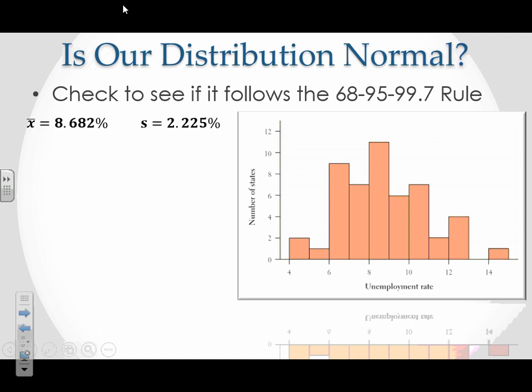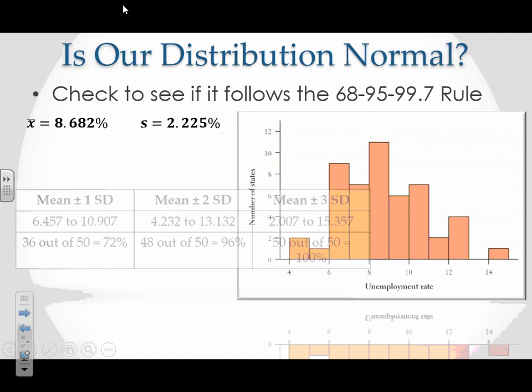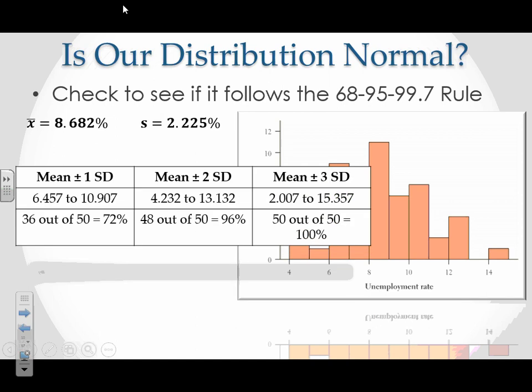Now, what we would need to check then is our cutoffs. One standard deviation above or below means I need to take my mean and add one standard deviation. So I would take 8.682 plus 2.225. That gives me an upper cutoff, 10.907.